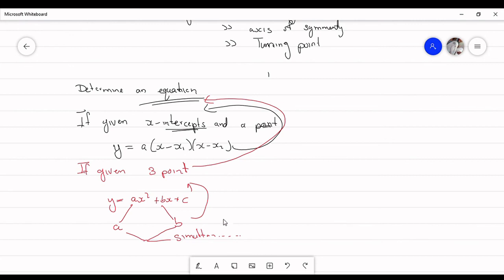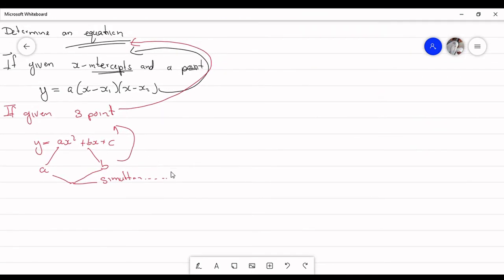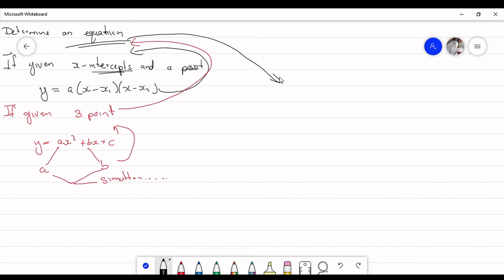So then sometimes you'll be given a turning point. Sometimes you'll find that they want you to find the equation, but now you're given a turning point and 1 point.